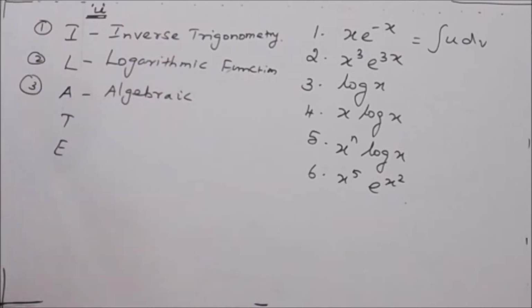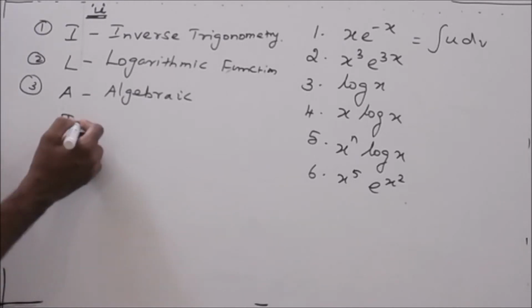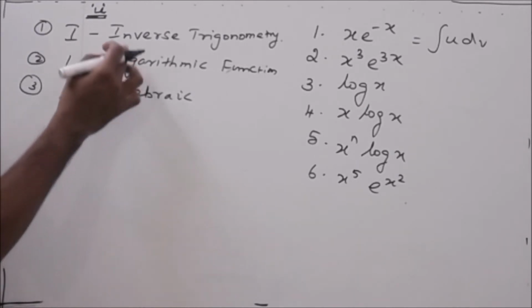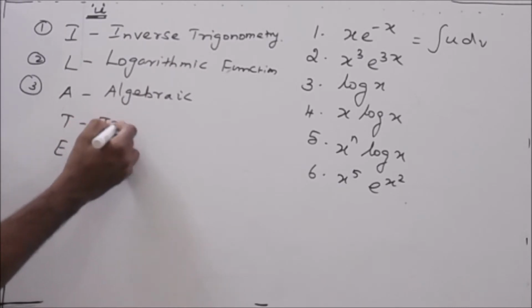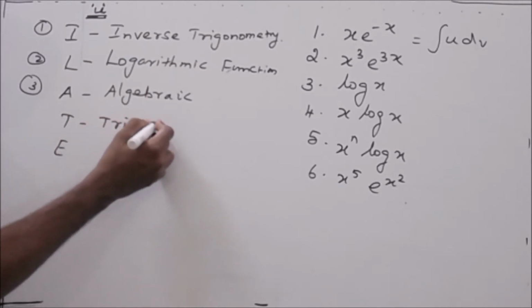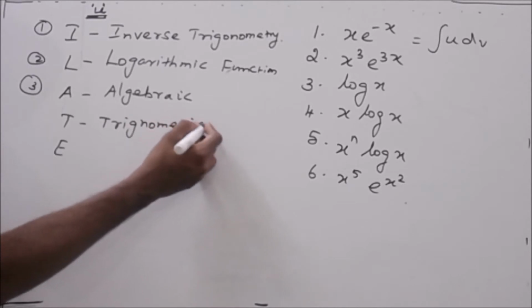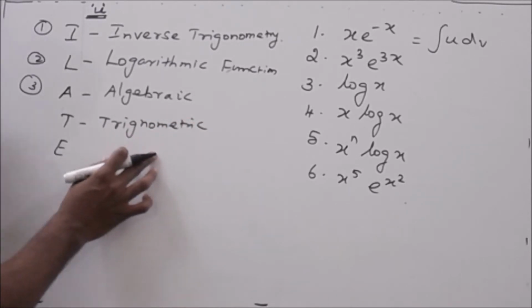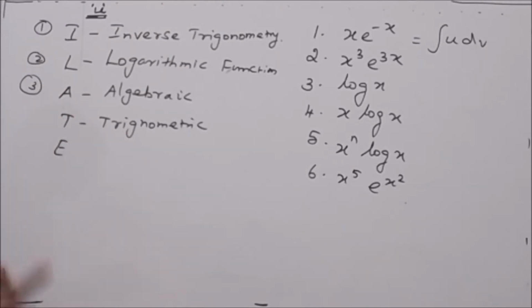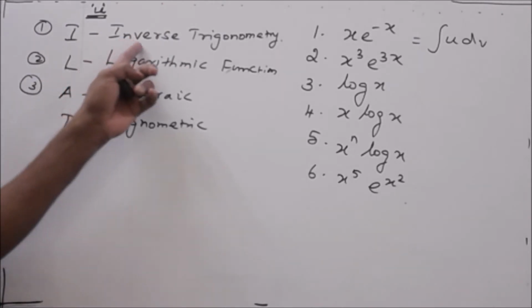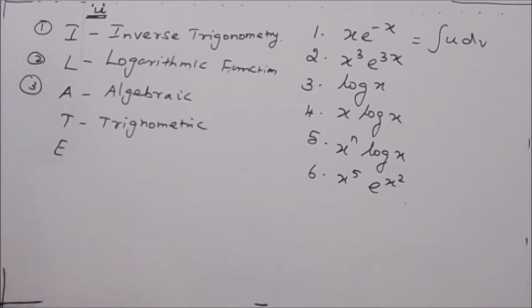If those three are not present, then go to trigonometric functions. T for trigonometric functions. If any trigonometric function appears, sin x, cos x, tan x, like that, you can give the next priority to trigonometric functions.